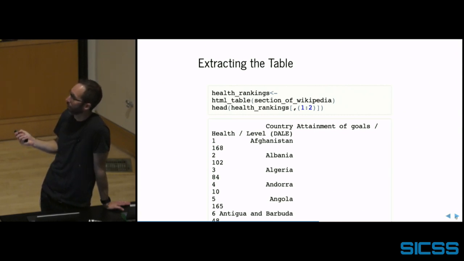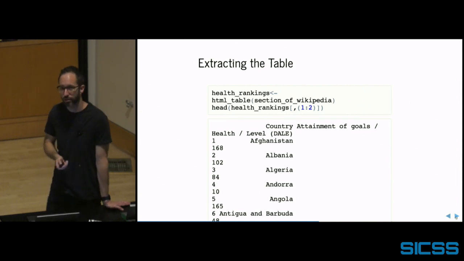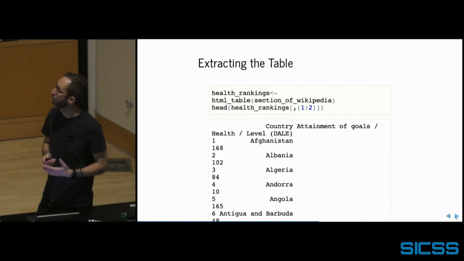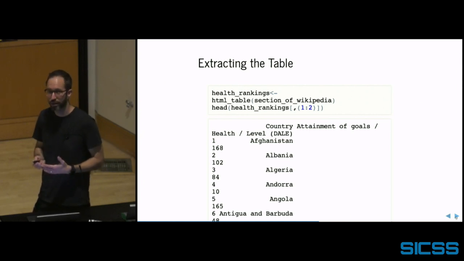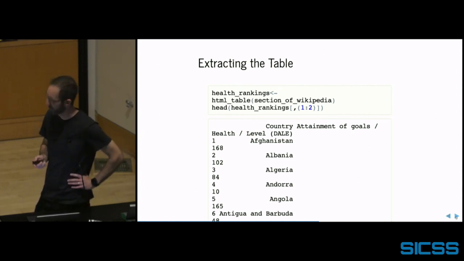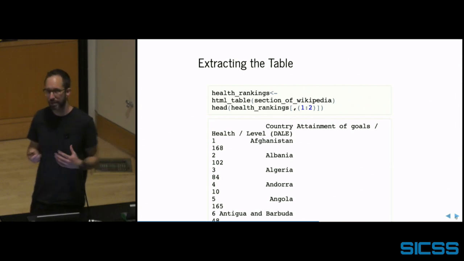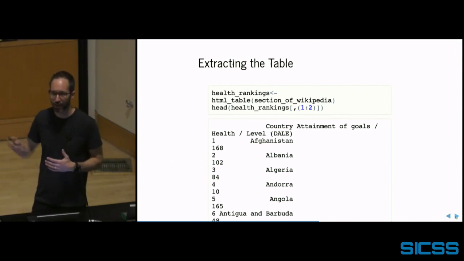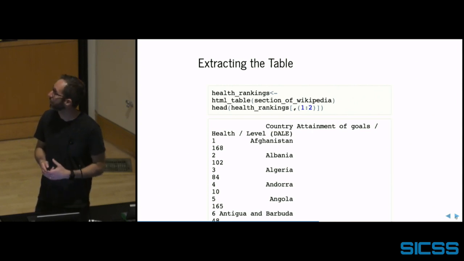And if we wanted text, we could use the html_text command. But typically, we want either text or a table or an image. And the rvest package should provide you with a guide to extract any of those kinds of elements. So the real trick here is figuring out the XPath in order to pass that to this function. Or if you're in Beautiful Soup in Python, you're going to be using a very similar type of workflow.